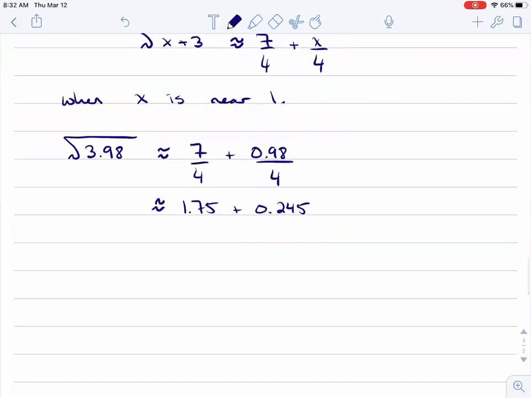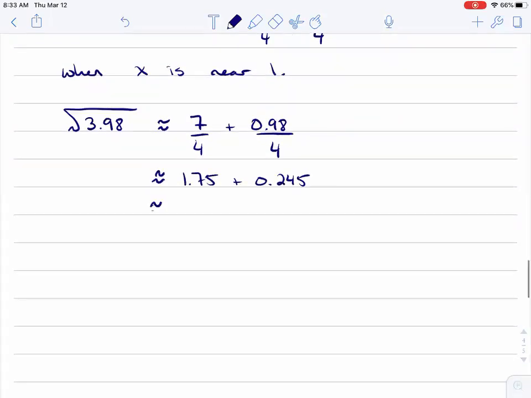So then this puts us at plus 1.75. Also, because I don't want to muck it up here, 1.995. This is our linear approximation. And so this is our approximation.